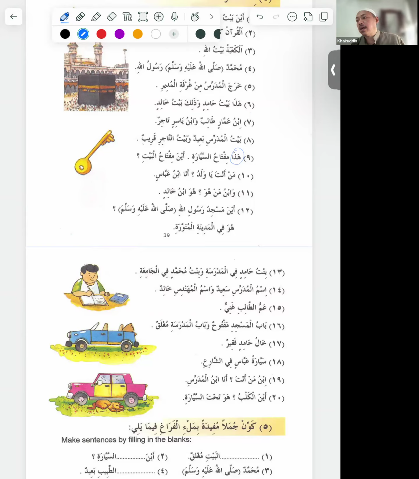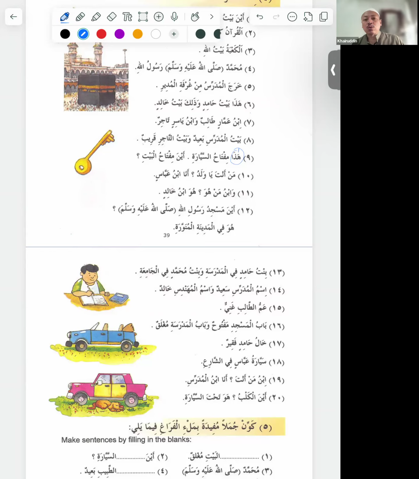And hadha actually has an alif embedded there. So the right way to say it is hadha with the alif. When I say it short, I've done an iktisar of it, meaning I've shortened it and it's understood. Hadha miftahus sayyarati.